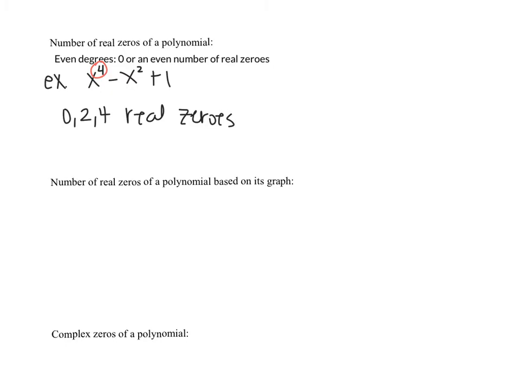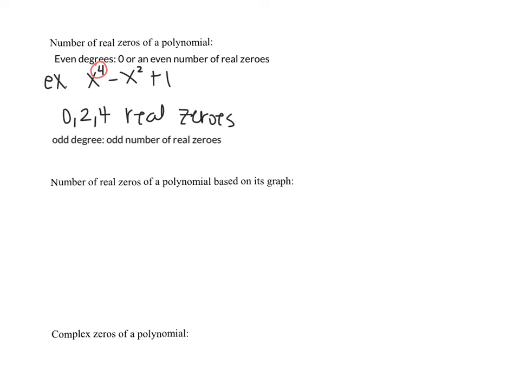Next, we want to talk about something that's an odd degree. Well, if an even degree function has an even number of real zeros, an odd degree function has an odd number of real zeros. And it can't have 0. It has to have at least 1.